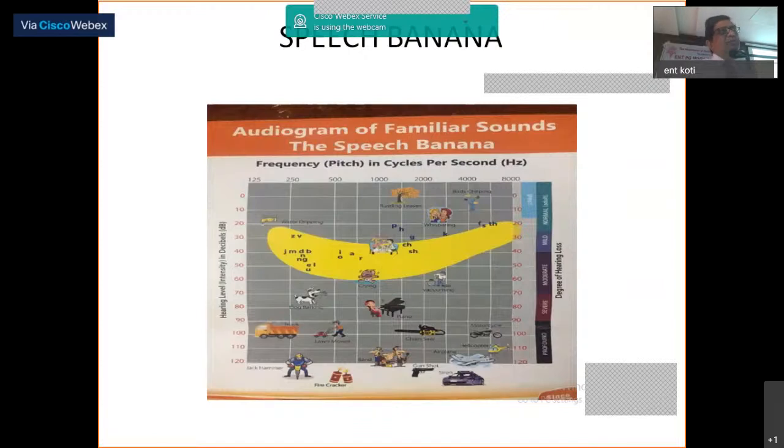So earlier, before the audiometer came into the picture, there used to be a whispering voice test and a conversational voice test, or wristwatches which were kept near the ear, and the ticking of the sound was how it was measured. Why was it not reliable?